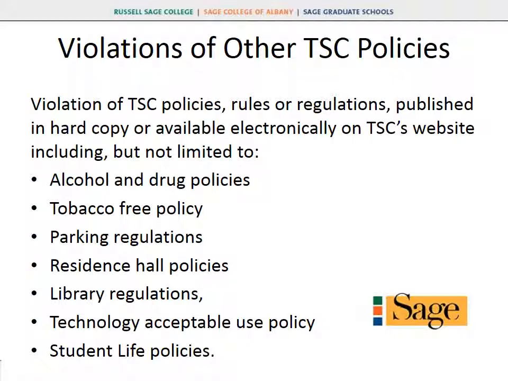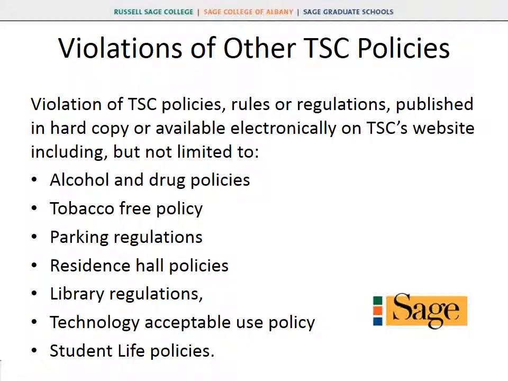Violations of other Sage College policies. Violation of other Sage College policies, rules, or regulations published in hard copy or available electronically on the Sage College's website, including but not limited to alcohol and drug policies, tobacco-free policies, parking regulations, residence hall policies, library regulations, technology acceptable use policy, and student life policies.